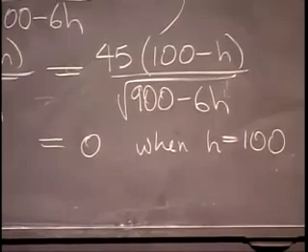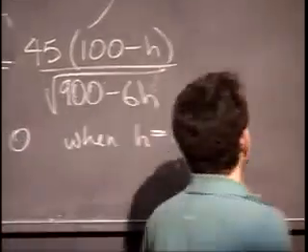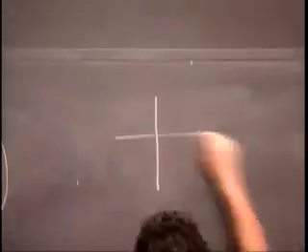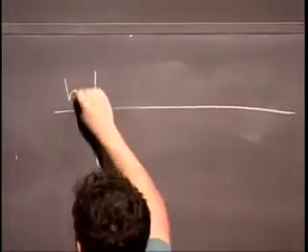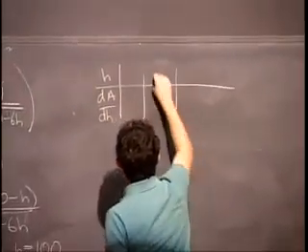And I propose to analyze this using the second method rather than the first, although you could do the first. Or if you felt like differentiating this again, you could use the second derivative, which is the third method. But let's just draw up a table of signs for the derivative. This is the easiest in this case. Here's h. Here's dA/dh. The critical point is at 100.